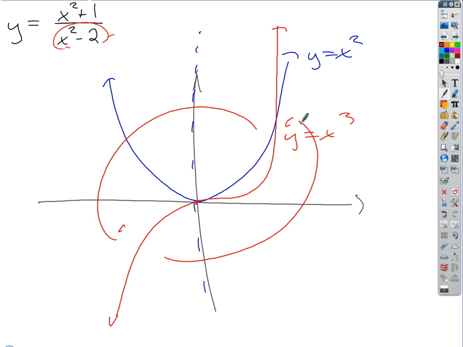What do you suppose we mean by even symmetry? Even symmetry refers to folding symmetry about the y-axis. Why do we call it even symmetry? Because a polynomial with even exponents is going to have even symmetry.